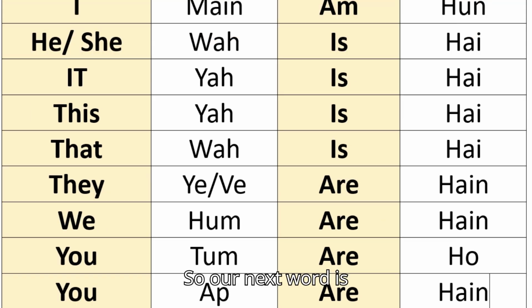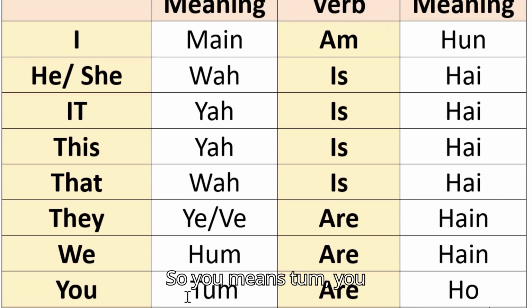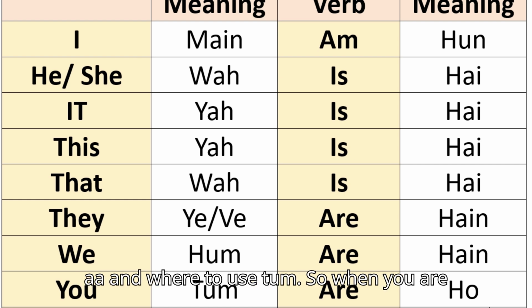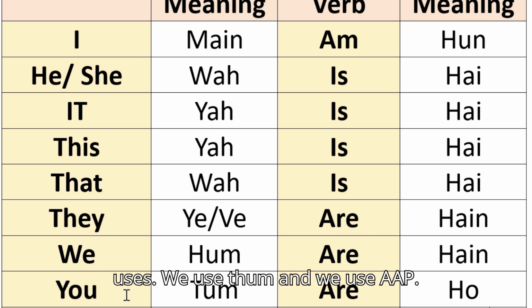So our next word is you. So you means तुम, you means tum, and you means आप. So now we need to understand where to use आप and where to use तुम. So when you are talking with friends, or in case of informal use, we use तुम, and we use आप otherwise.